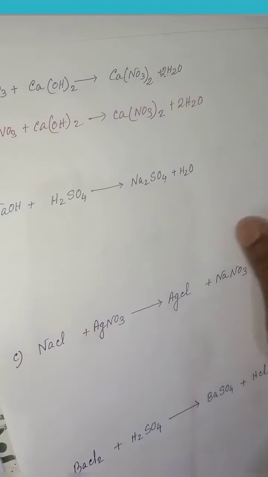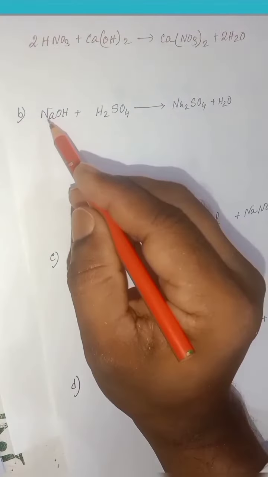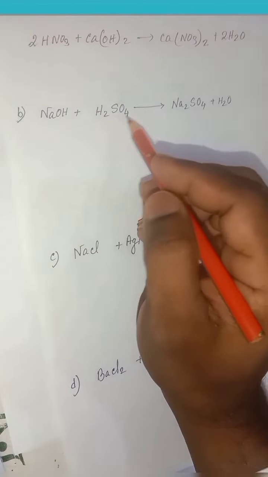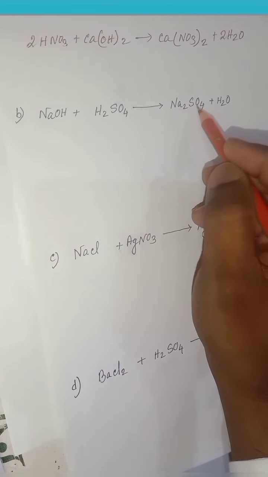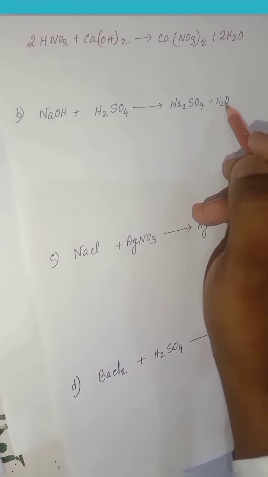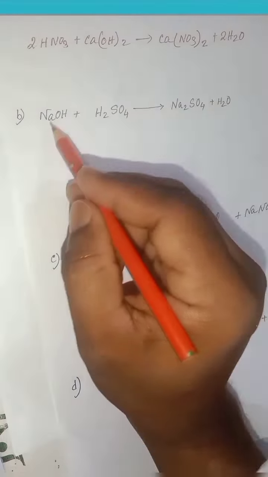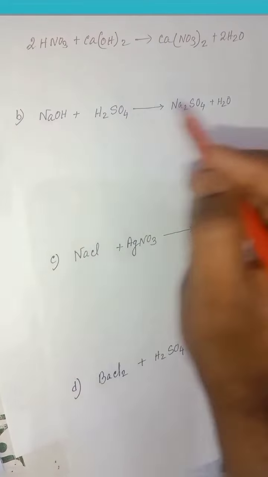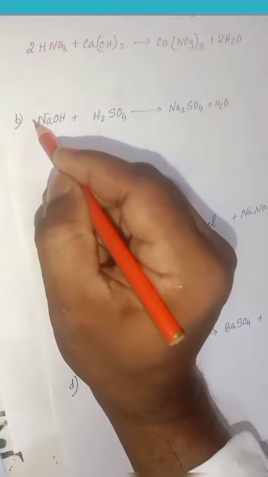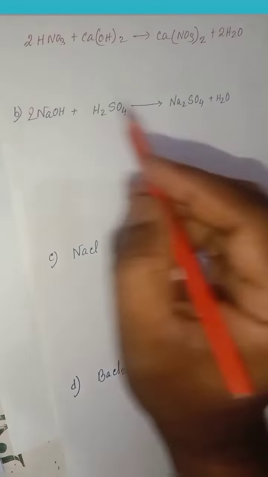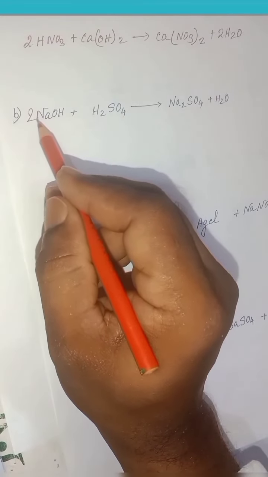Okay. Next part, B: NaOH plus H2SO4 forms Na2SO4 plus H2O. The number of sodium atoms on the right is 2, but on the left it is 1. To balance the atoms, the number of sodium on the left side becomes 2 and on the right is 2.